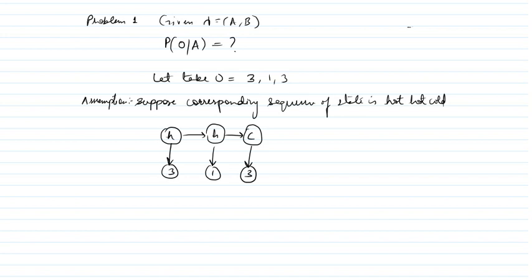The observation table is, suppose we have 3 observations and 2 states: hot, cold, and 1, 2, 3. We may have more if required. So this is 1 given hot, this is 1 given hot, this is 1 given cold, right?